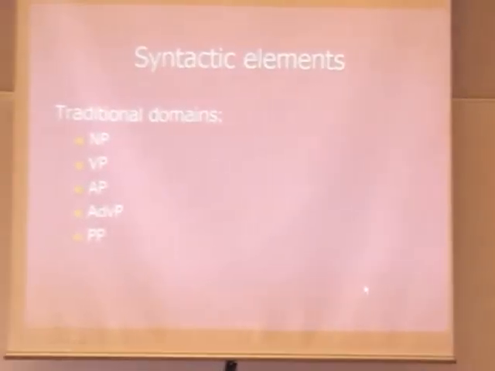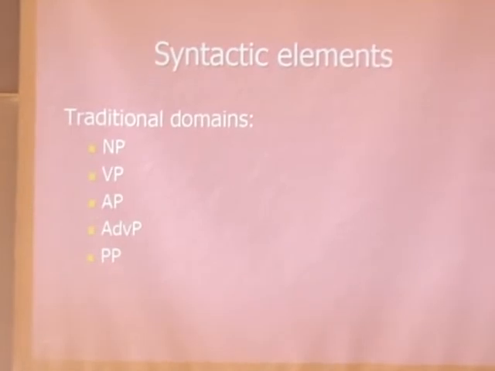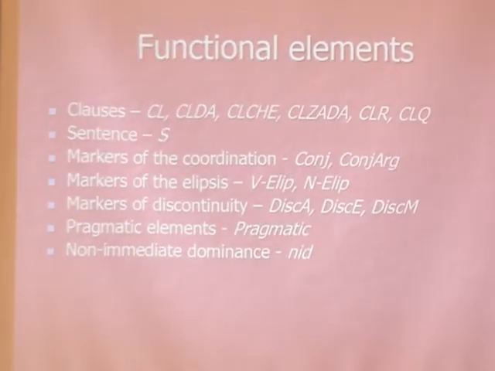Okay. So the syntactic elements present the traditional domains, nothing specific or more interesting here. So the functional elements that we have, okay, it's only conditionally here the clauses and sentence. The clauses are presented only with respect to the subordinator, not its semantics.